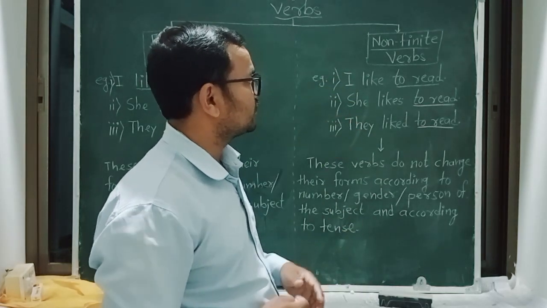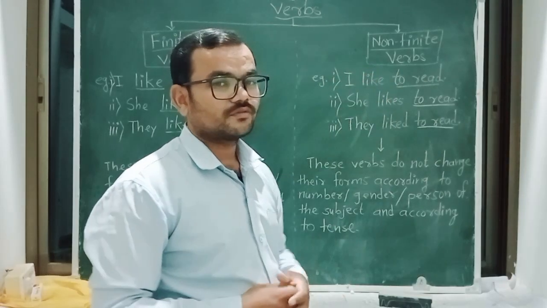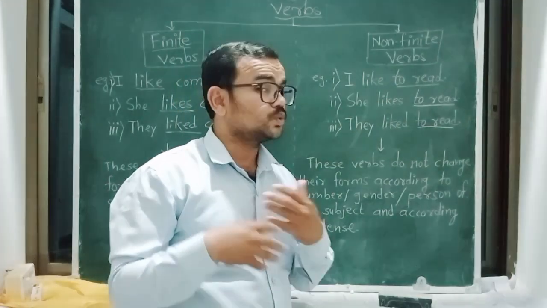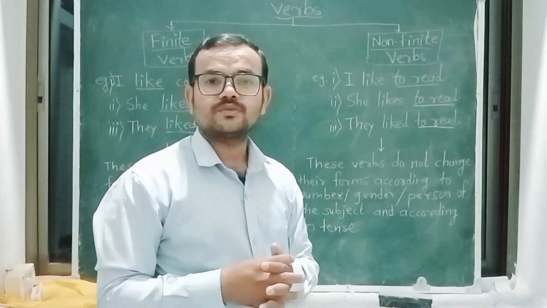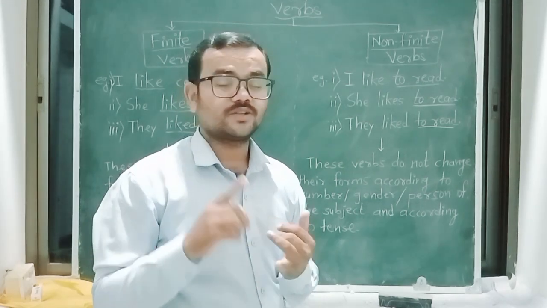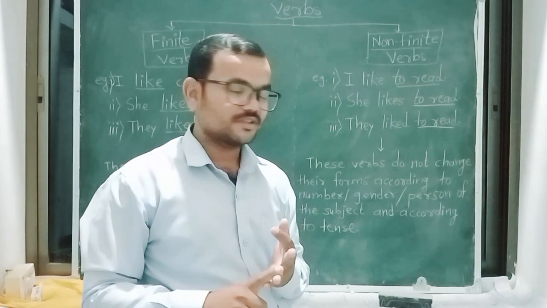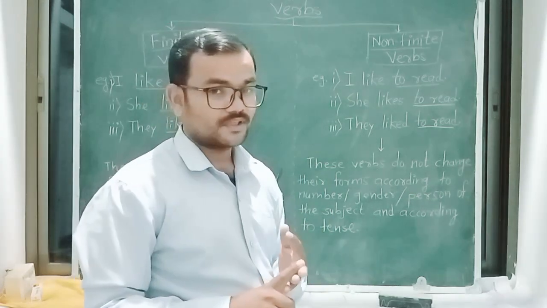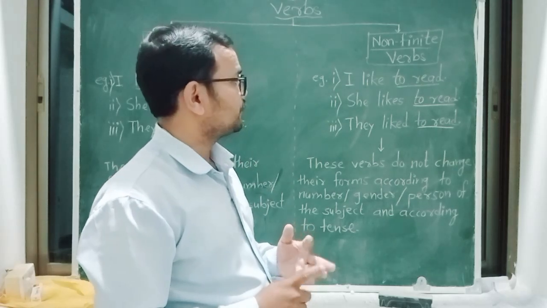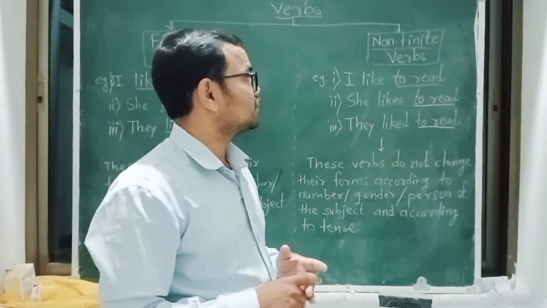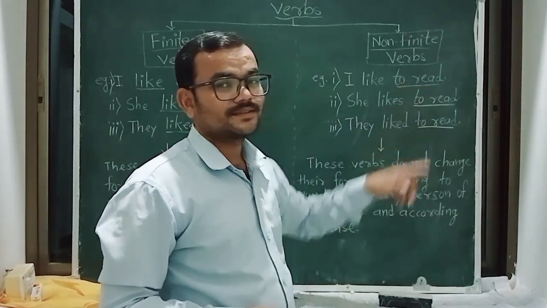Non-finite verbs are those verbs which do not change their form according to the person, gender, or number of the subject and also according to tense of the sentence. Over here, to read is an infinitive.